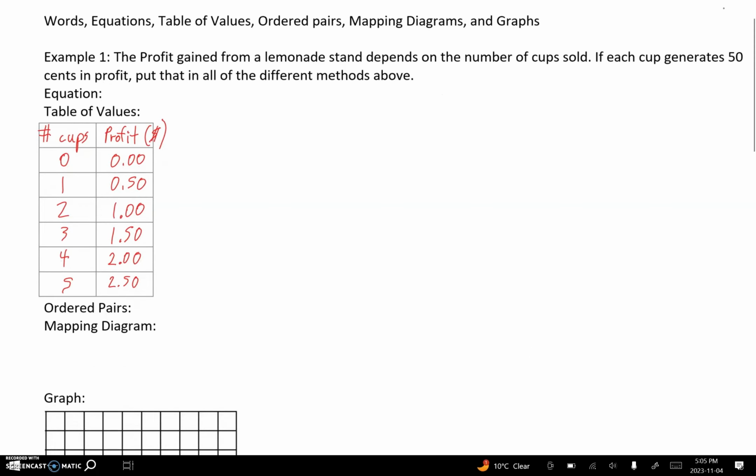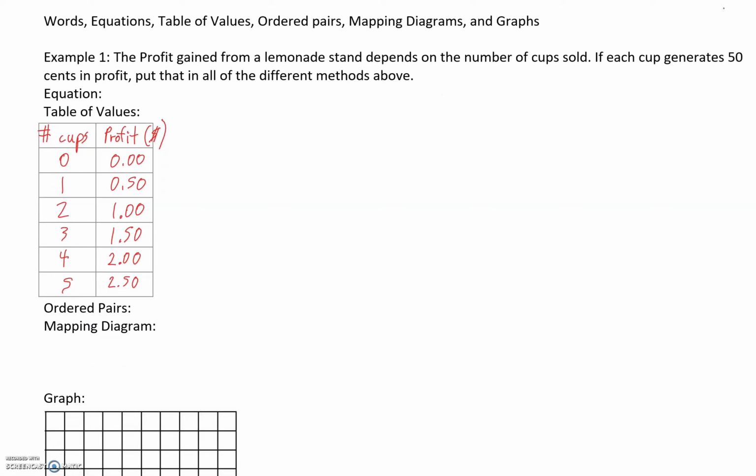Okay, so now if we look at the ordered pairs, how would we write this down? Well, ordered pairs always go x comma y. So it has to be like that. It has to be x comma y. So here is our set of ordered pairs. I'm going to do it so that it's a little bit more clean instead of having all those extra zeros.